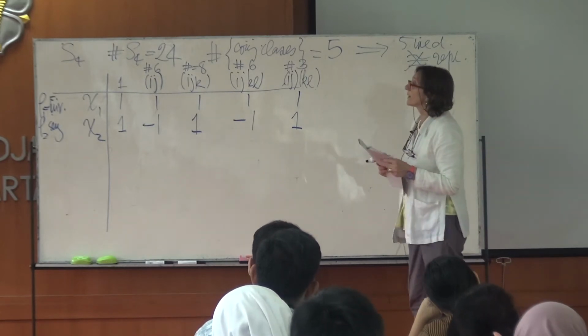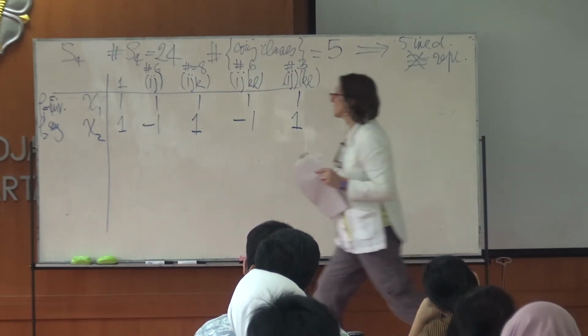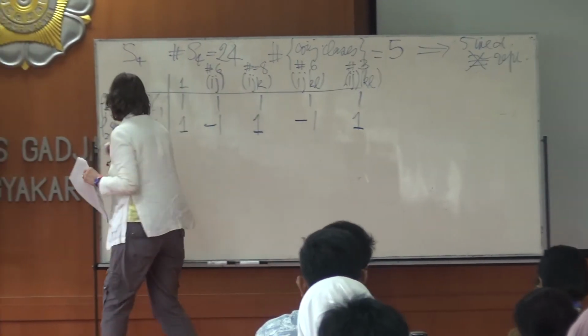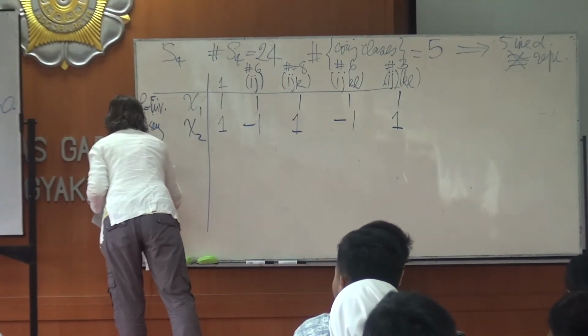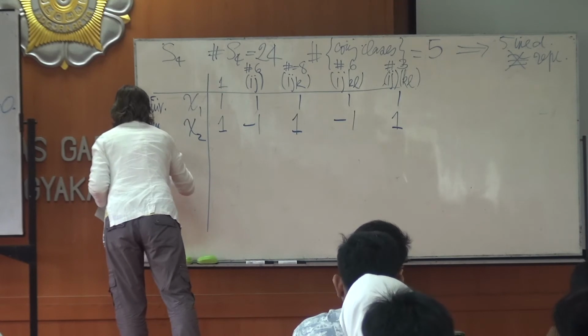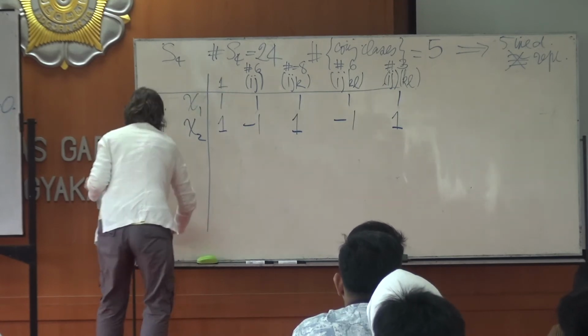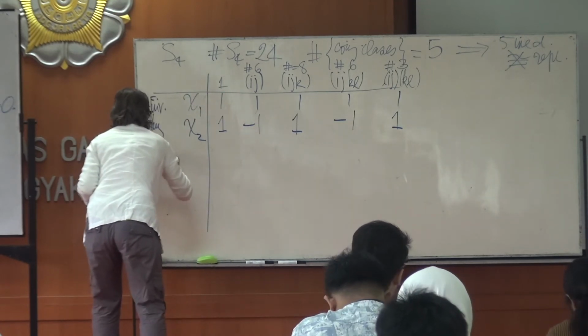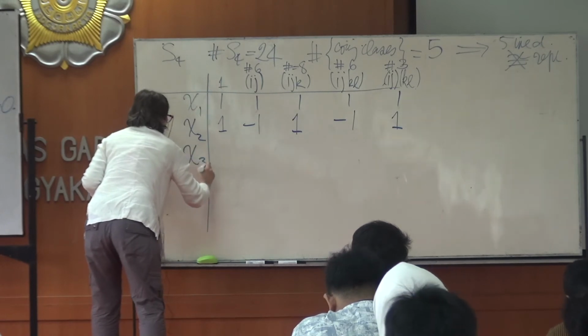Now we go back to row 3, the permutation representation, the one that we already discussed earlier.